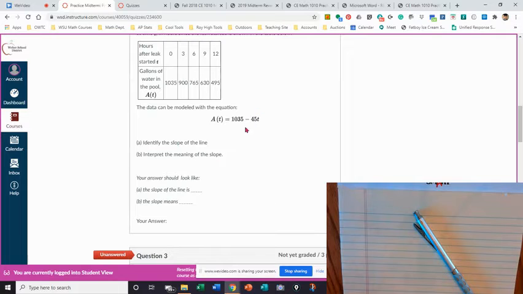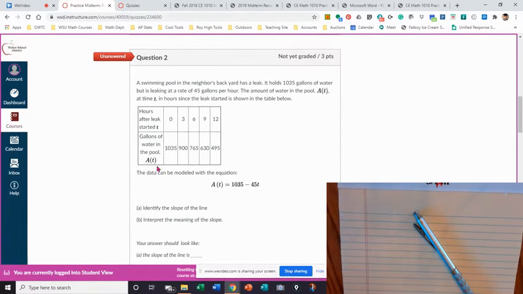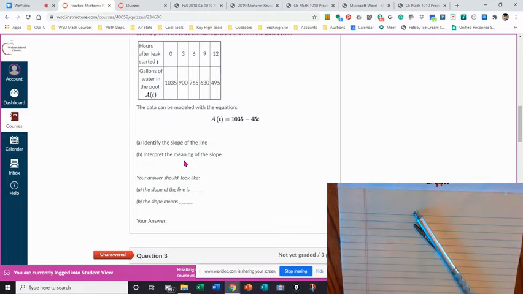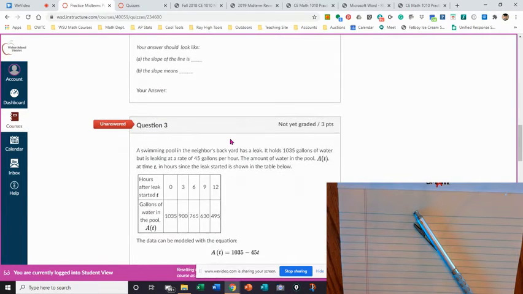The meaning of that slope is the water is draining 45 gallons per hour. Interpret the meaning of slope. The answer should look like: the slope of the line is negative 45. The slope means that 45 gallons per hour are being drained out.